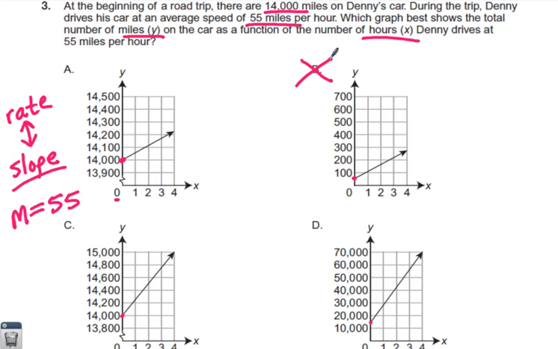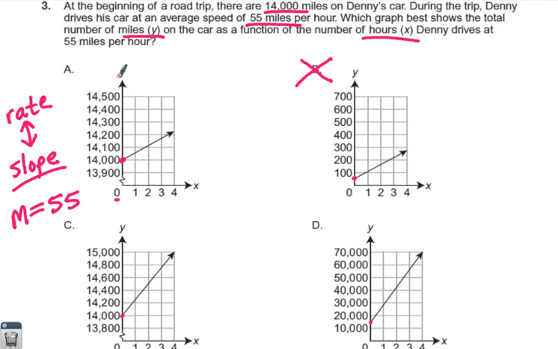So, which graph is correctly showing a slope of 55? Here's how you can look at it. You see how every graph has pretty much a total of 4 hours? Let me grab my calculator.